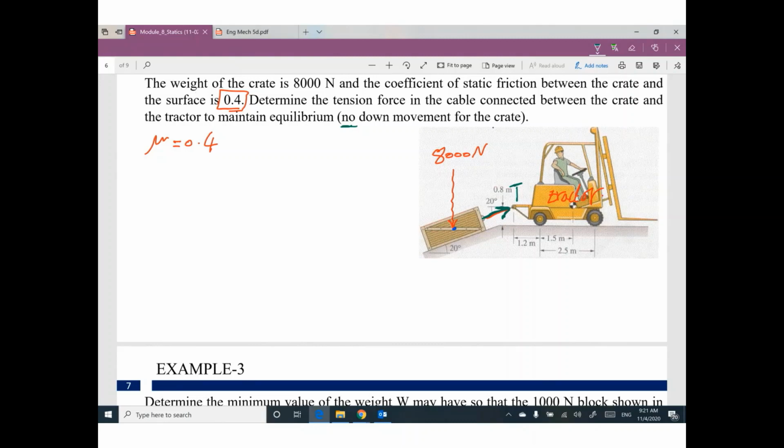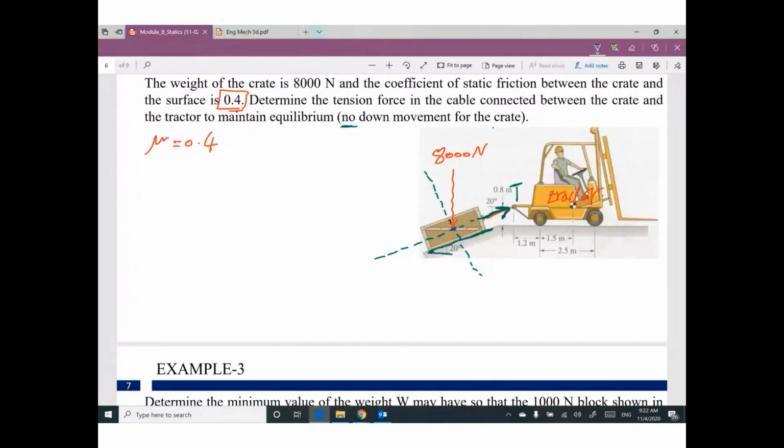Let's start. Guys, I think the surface is inclined with angle theta equal 20. So I believe everything on this box must be perpendicular and parallel to this surface.